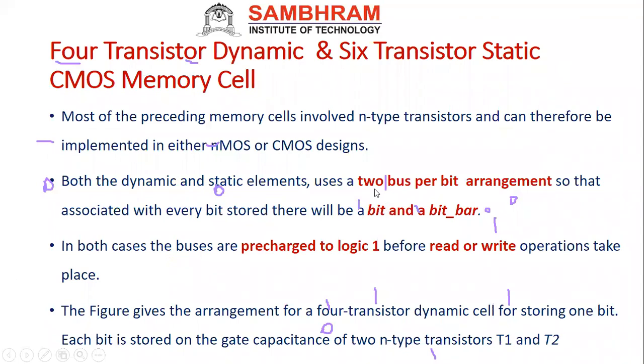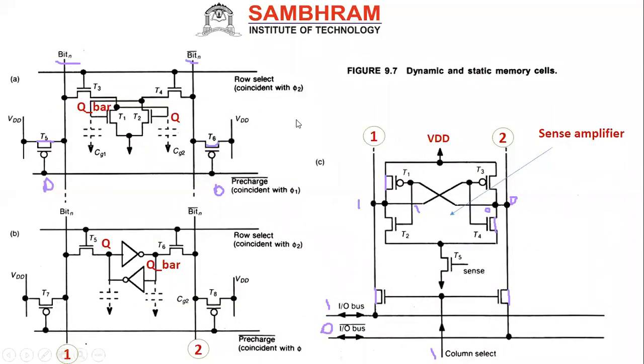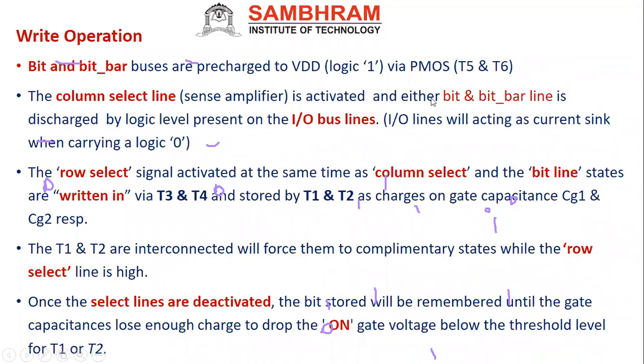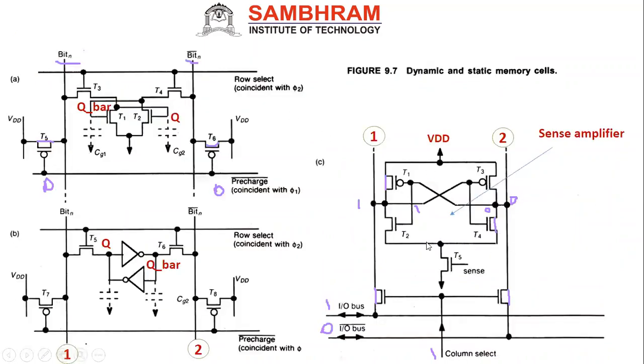What they specify: column select activated, either bit or bit bar line is discharged by the logic level present at the IO bus lines. So it will be discharged actually through this portion, right? When sense is equal to 1, even this transistor will be on, then it will get discharged.